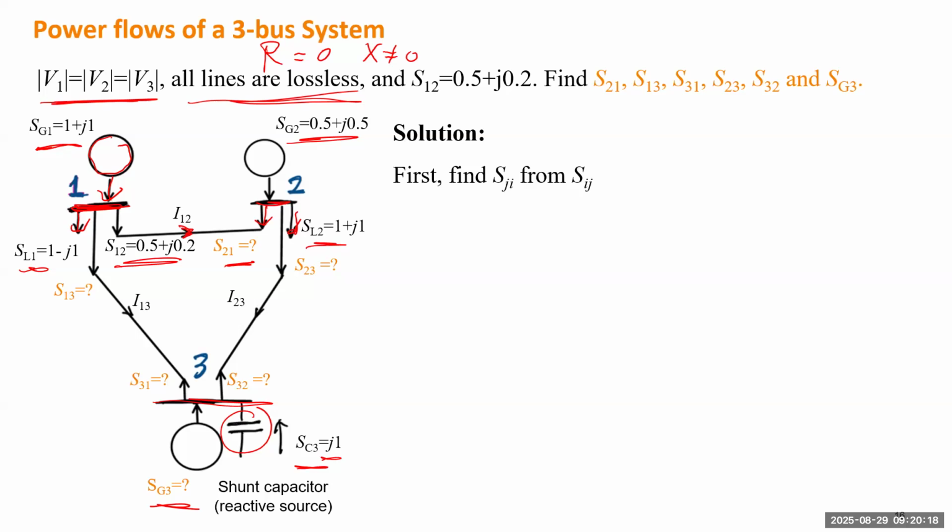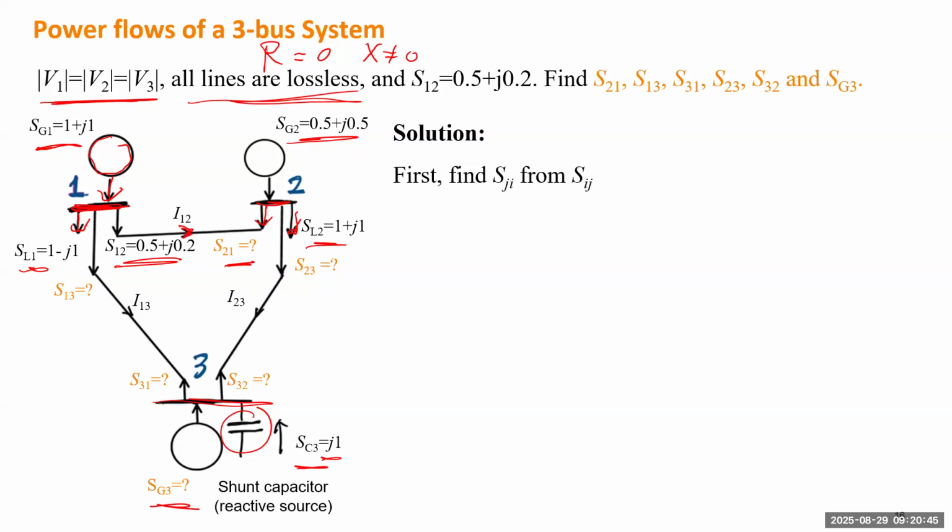First thing we want to figure out is whether there's some formula we can utilize. If we know the complex power from bus i to bus j, we use two subscripts, ij, indicating from i to j. There's also complex power from bus j to bus i, and those two are basically symmetric about the line, leaving either terminal.